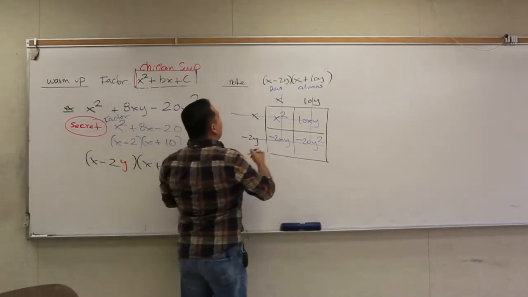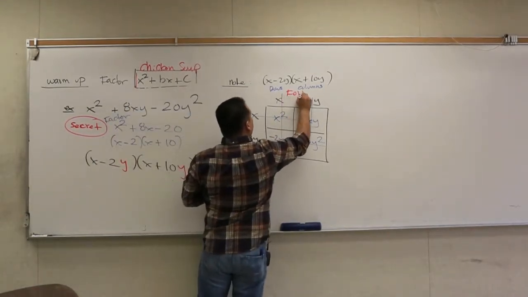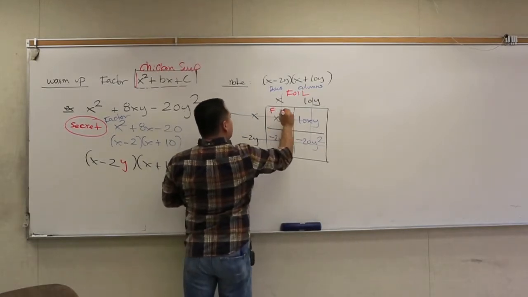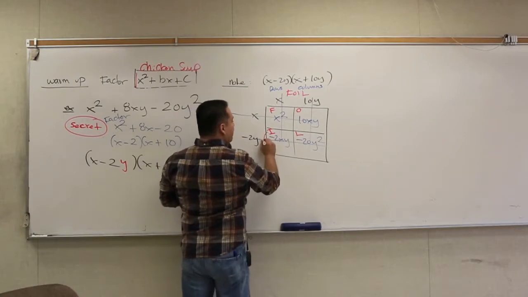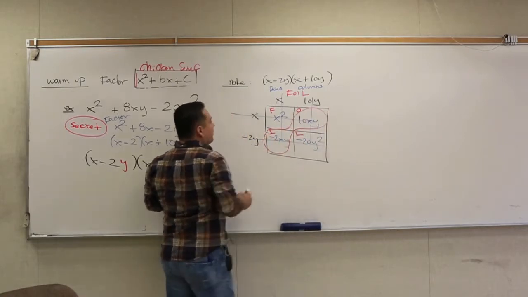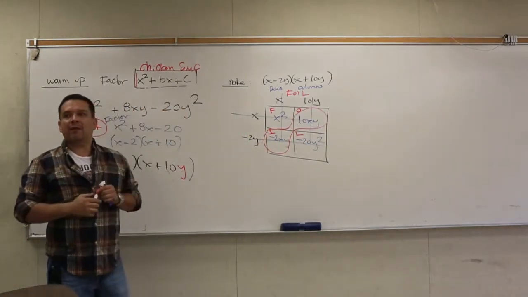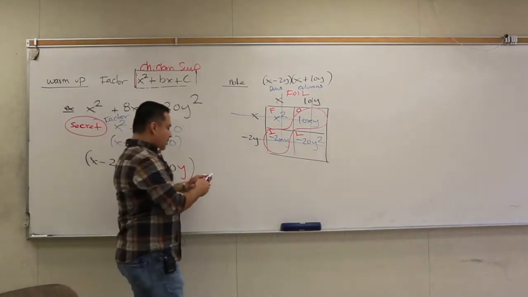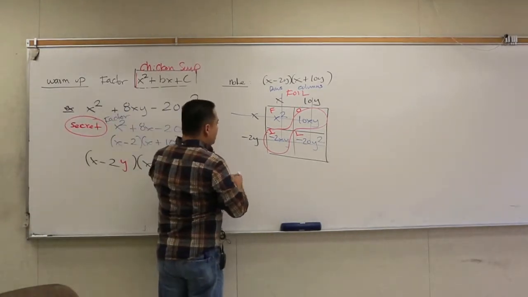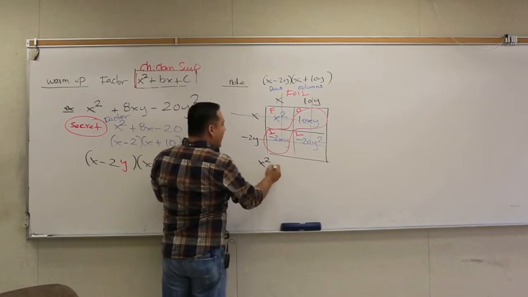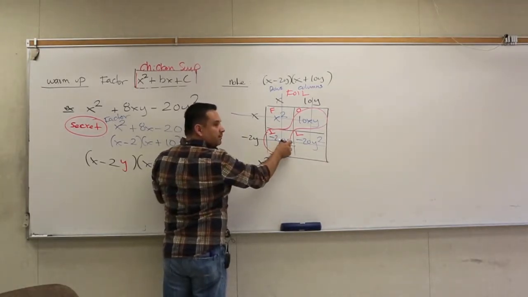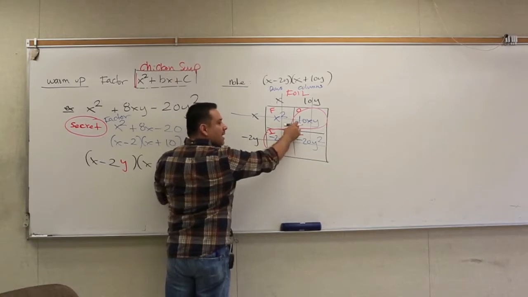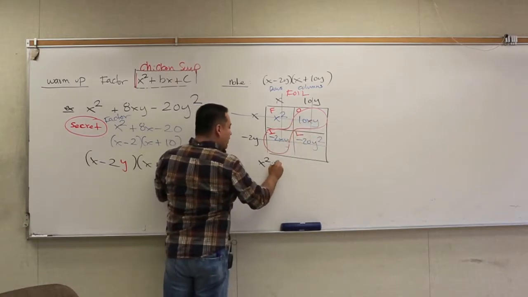You're using the FOIL process to multiply. First, outer, inner, and last. And if you remember, those terms are like terms. So what do you do when you have like terms? You combine them, you add them. If I owe 2 bananas and I have 10 bananas, what's my story?